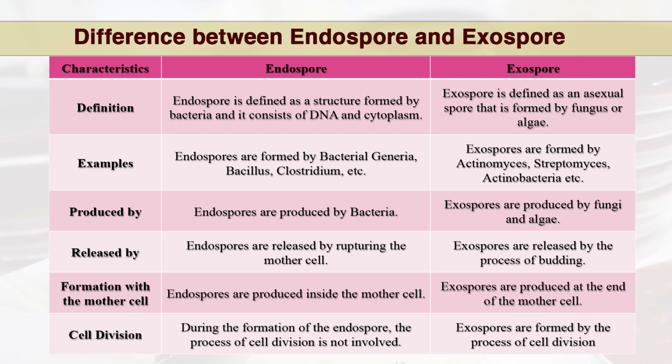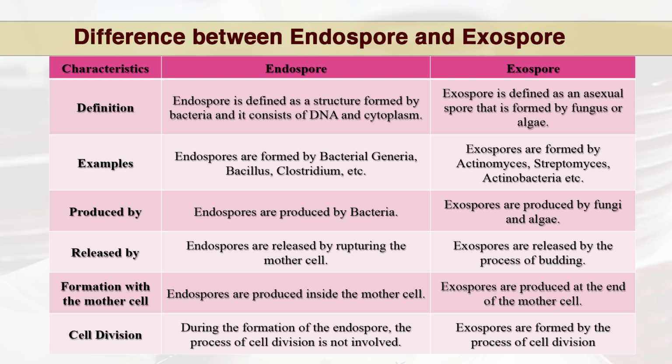Now, what are the differences between endospore and exospore? An endospore is a structure formed by bacteria and consists of DNA and cytoplasm, whereas an exospore is an asexual spore formed by fungi or algae.